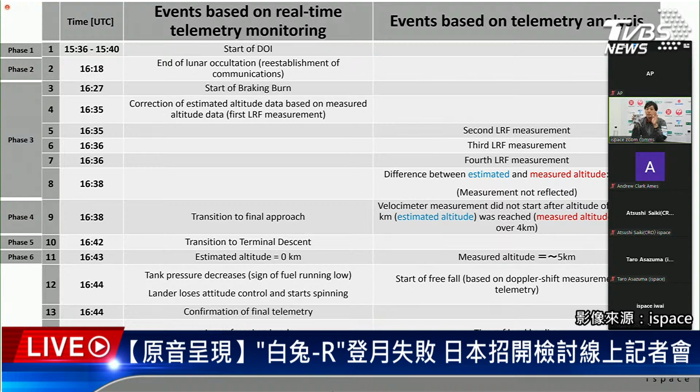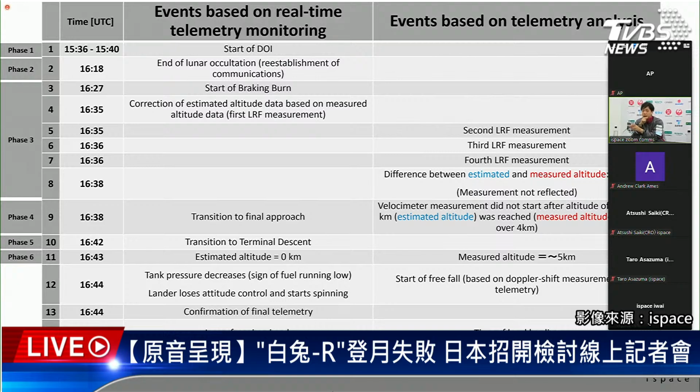At number 9, the lander successfully started the pitch-up operation, and was successfully in the vertical position. Then at number 10, the lander was finally in the terminal descent. And at number 11, we confirmed the indication of estimated altitude 0.